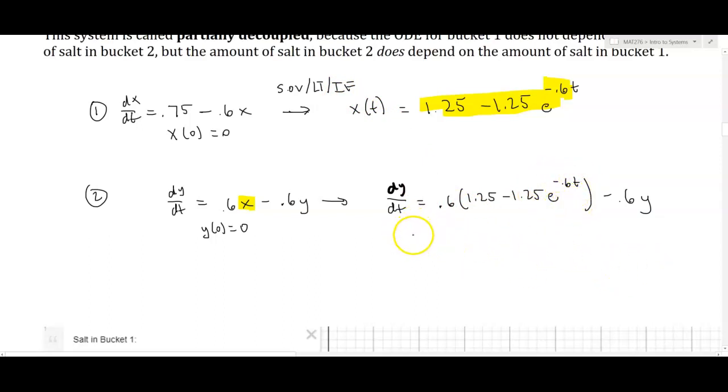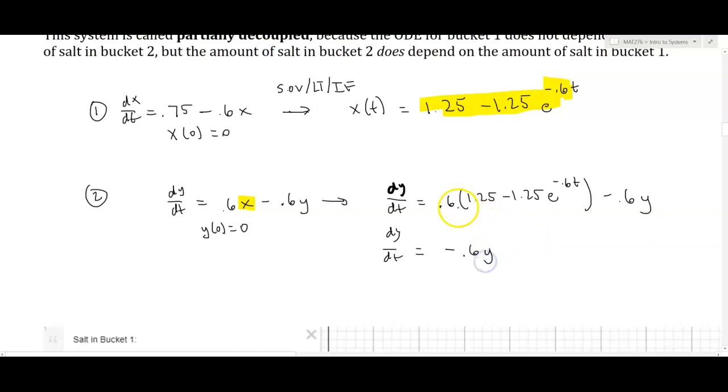So if I do a little bit of distributive property here, I get dy dt equals 0.6 of 1.25 comes out to be 0.75, and I'm going to write these in order like this.